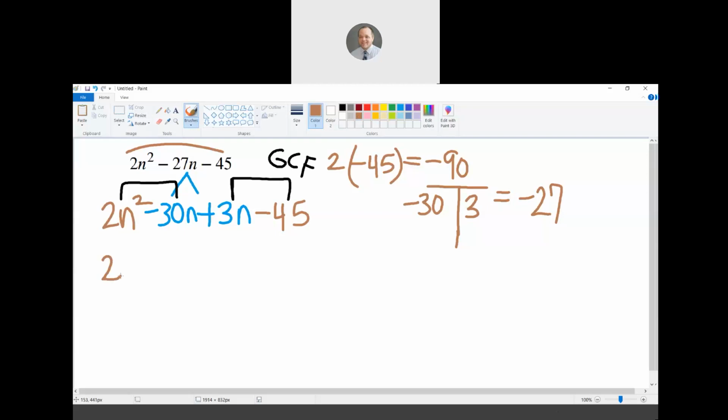And remember, among common letters, you take out the smallest exponent, which is 1, or just n. Write what's left over in parentheses. And again, not required, but a simple way to figure out what's left over is divide each term by your GCF. So we're left with n minus 15.